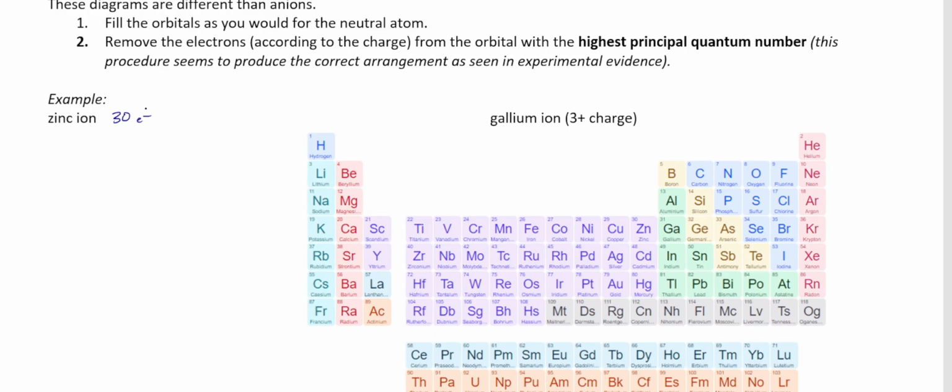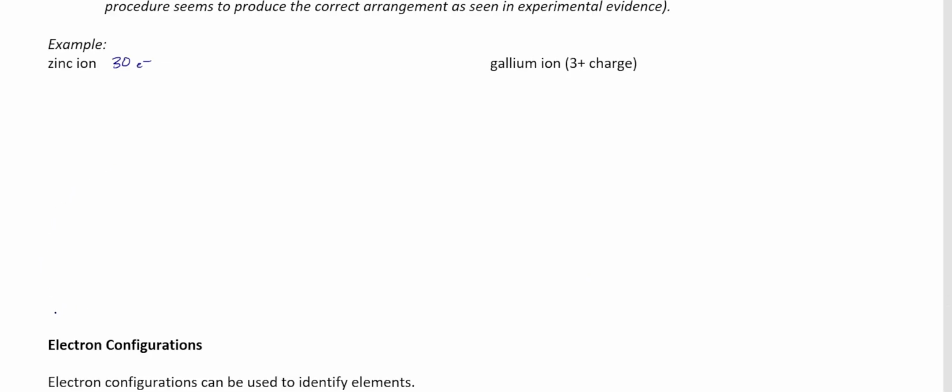So I start over here at the 1s, and I fill that with 2, big jump, 2s, 2 there, 2p, fill that up, 3s, then I go 3p, and 4s, and then 3d.